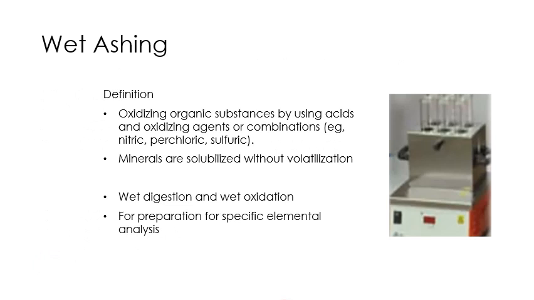For wet ashing, what it means is that you oxidize the organic substance by using acid and oxidizing agent, or we can use a combination of both acid and oxidizing agent. Examples of oxidizing agents used in wet ashing are nitric, perchloric, or sulfuric acid. In this technique, minerals are solubilized without volatilization.